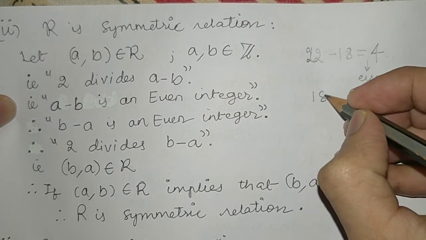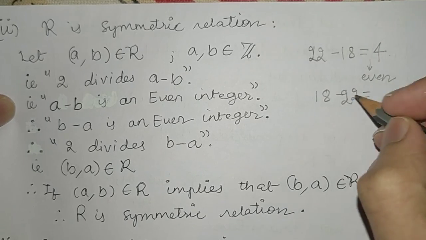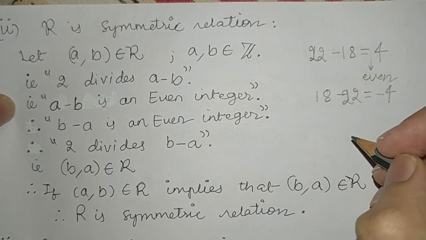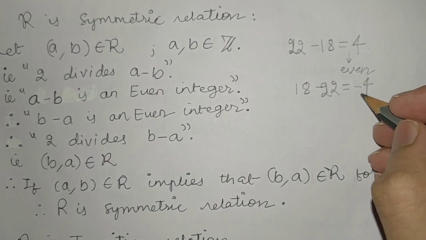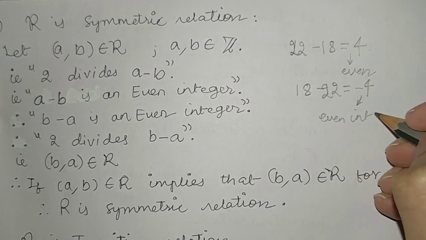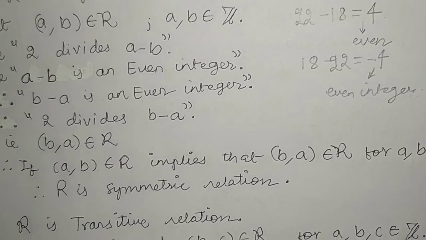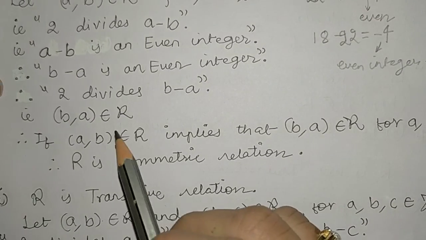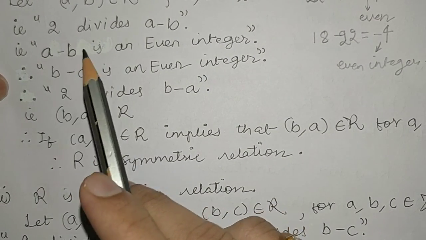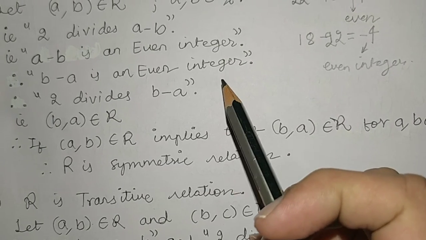Now what if you do 18 minus 22? 18 minus 22 is nothing but minus 4, right? So minus 4 is also an even integer. So what do you get? If a minus b is an even integer, b minus a is an even integer.